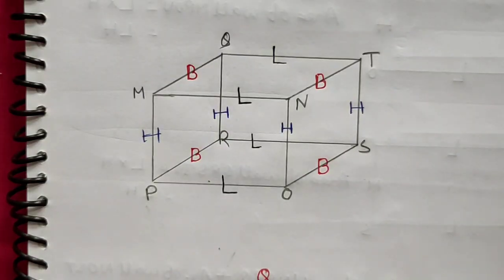Now consider this is the first rectangular face, and we know that in a rectangle opposite sides are equal.